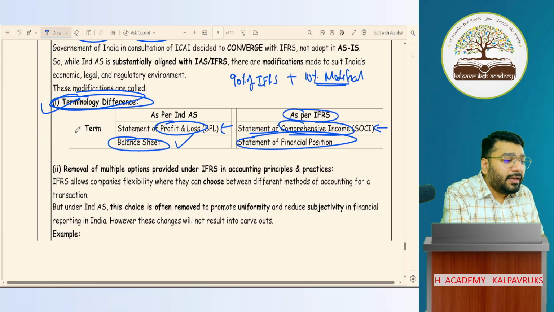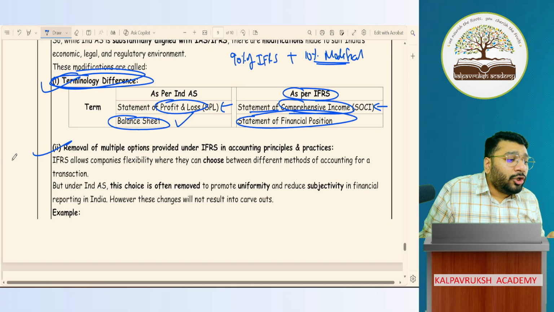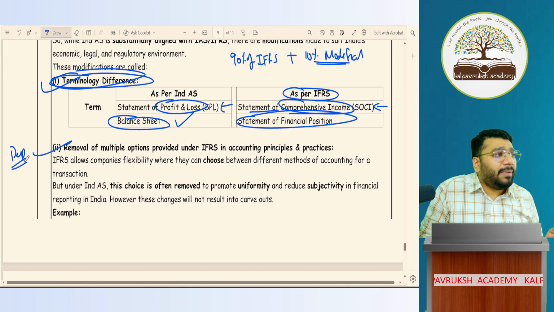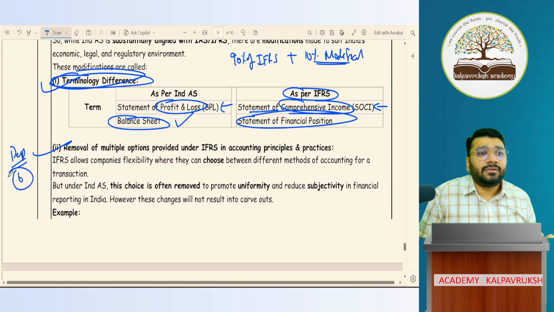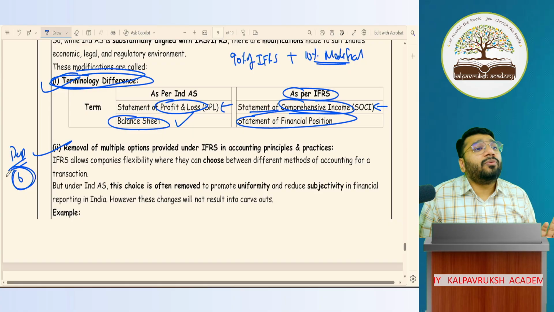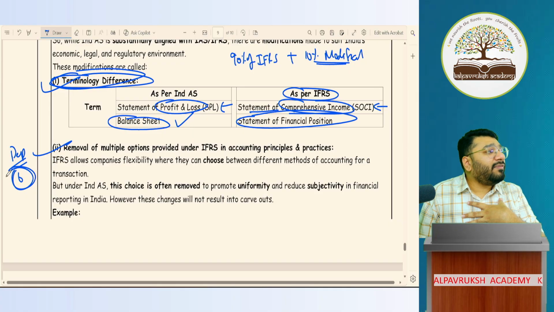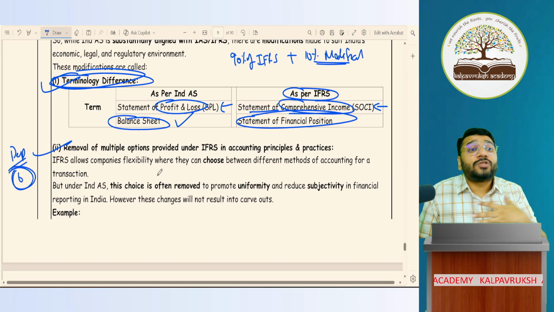Got it. Next, IFRS gave multiple options for a particular accounting treatment. For example, to account for depreciation, example I'm telling, don't take it seriously, they came out with 6 options. Not genuinely, I'm just taking it as an example. In India, we felt that if we give too many options to people, then it is very difficult, because too much of cook spoils the broth.